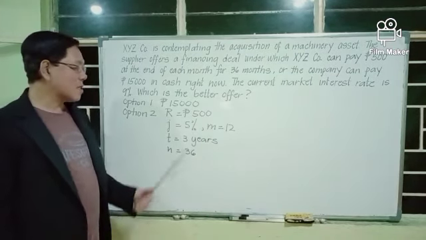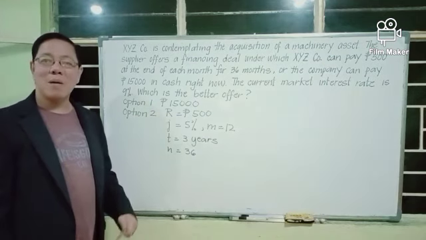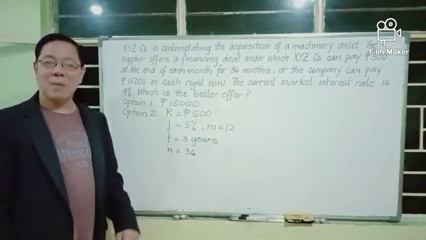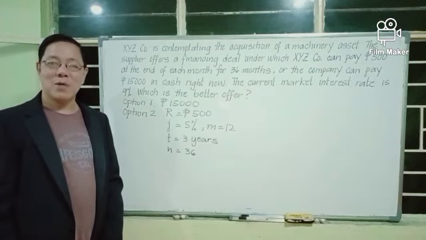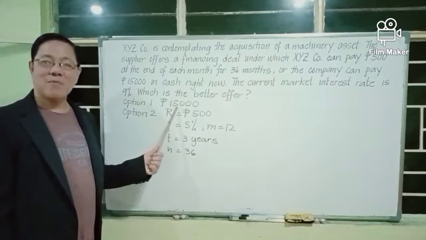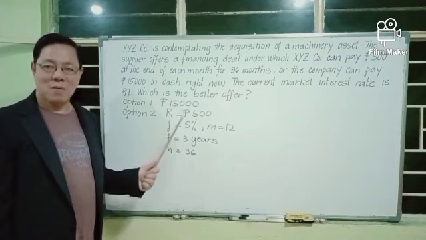And to compare the second option with the first option, we have to find the present value of these regular payments of 500 at the end of each month for 36 months, to compare it with the cash payment of 15,000 pesos now.